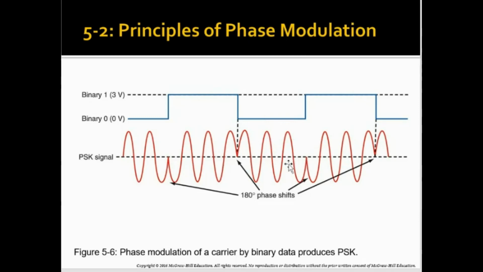So the phase shift here is 180 degrees, but other modulating signals have more than 2 levels. We can have more phase shifts. Other than BPSK, we have QPSK, which means there are 4 levels of phase change.